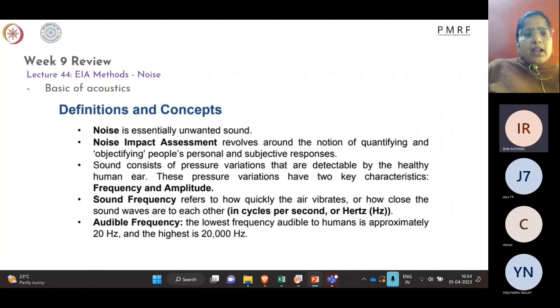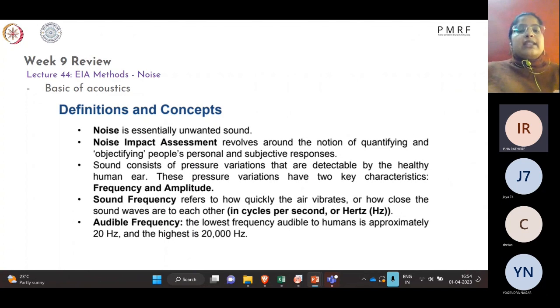And then we looked at basic concepts of acoustics and definitions like noise. Noise is unwanted sound. Noise impact assessment is around the notion of quantifying and objectifying the personal and subjective responses to sound. And sound consists of pressure variations, which are detectable by a healthy human ear. These pressure variations have two characteristics, which are the frequency and the amplitude.